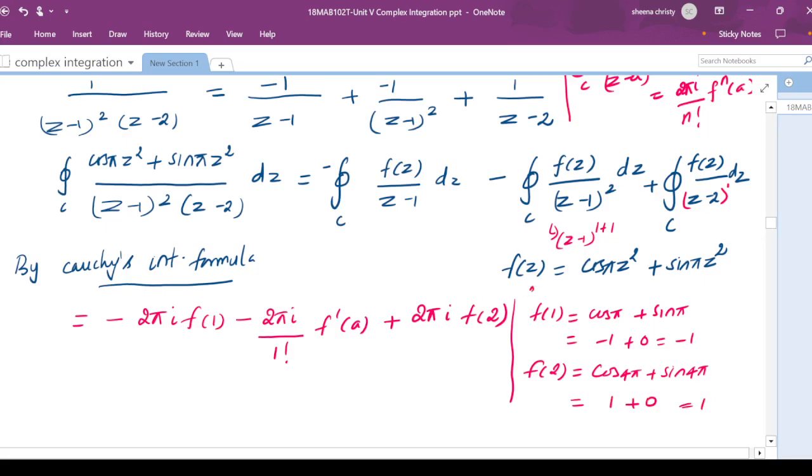Then what is f dash of z? f dash of z is 2z, differentiation of cos is minus sin pi z square, then plus 2z into differentiation of sin is cos pi z square. So next you have to put what is f dash of 1.